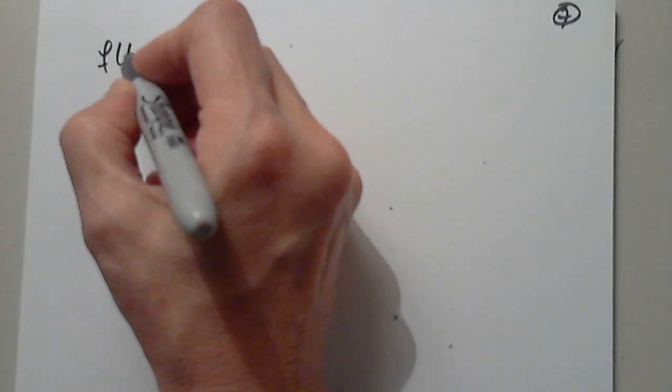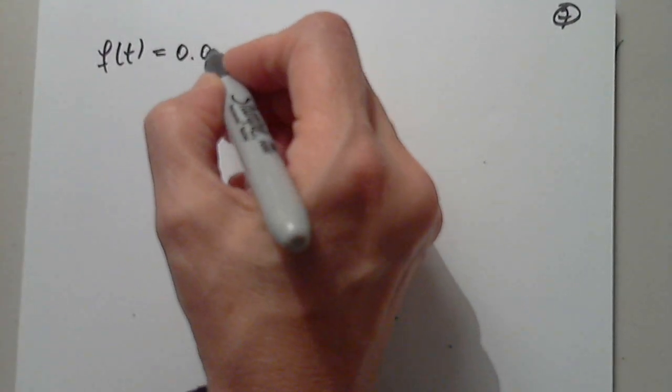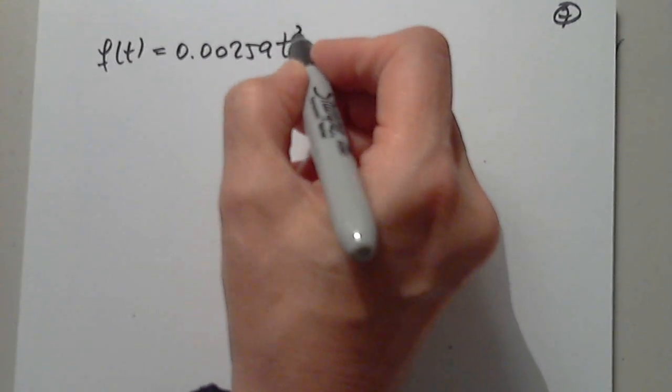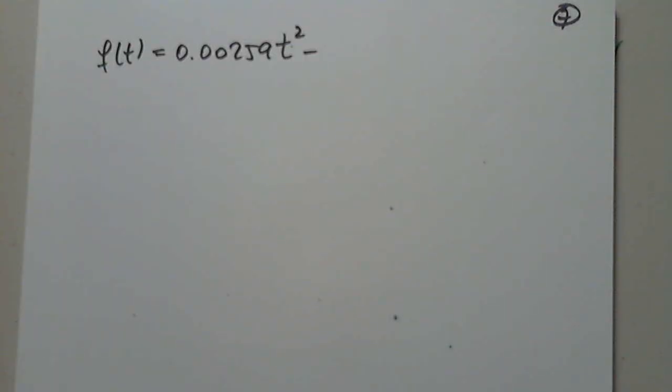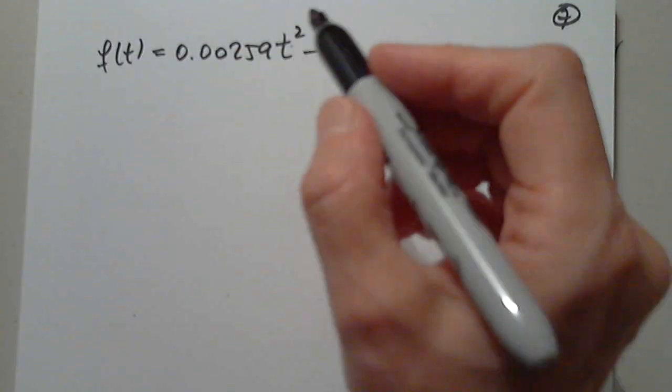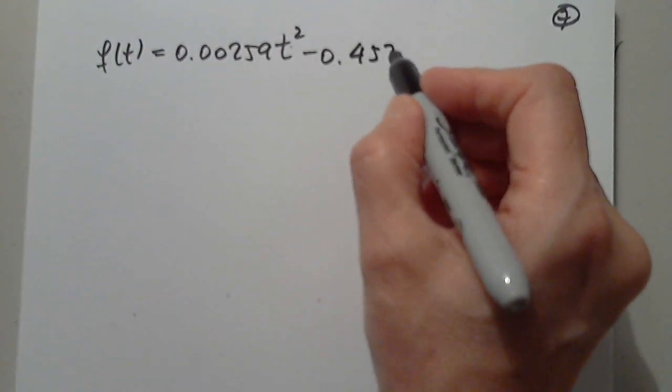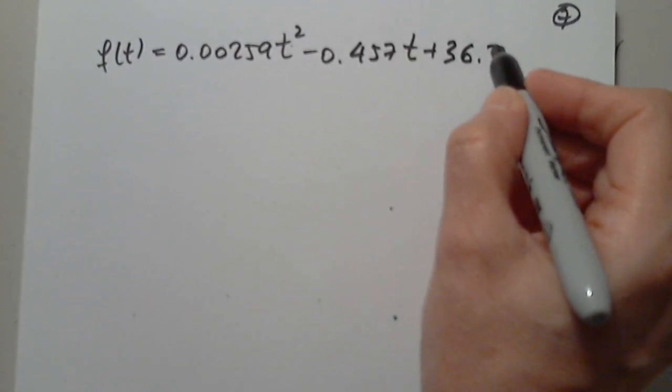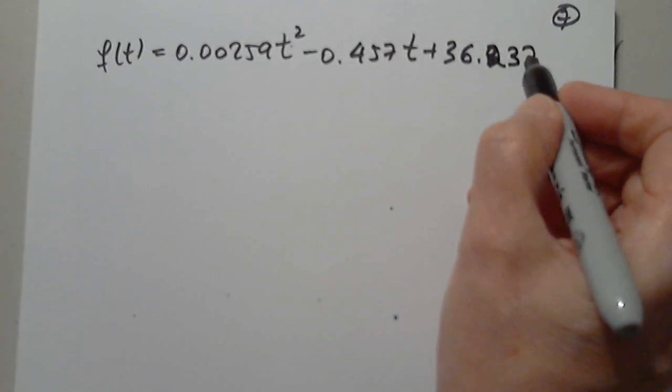Okay. So, solar eclipse. On July the 2nd, 2019, a total solar eclipse was observable over the South Pacific Ocean and parts of South America. Fine. The path of the eclipse is modeled by f of t, which is 0.00259 t squared minus, get used to these weird numbers, 0.57 t plus 36.237.